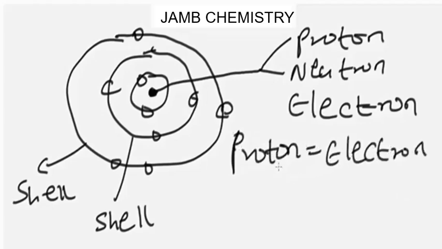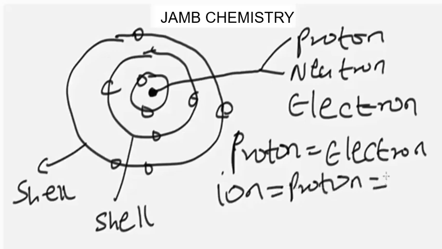Electrons. Whereas in a charged atom, that's an ion, an ion is simply an atom that possesses an electric charge, the number of protons is not equal to the number of electrons.